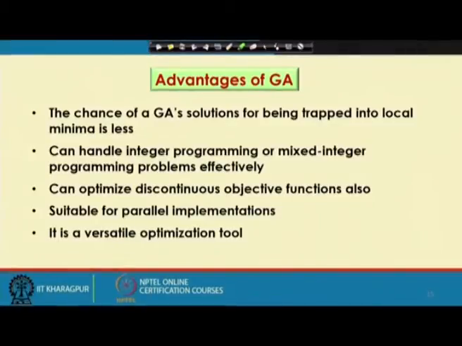Here the chance of the GA solution being trapped in the local minima is less, because this is a population based approach. We start with a number of solutions selected at random, and moreover we use an operator like mutation, which also helps us come out of the local minima problem. So, in GA there is a chance that we will get the globally optimal solution.